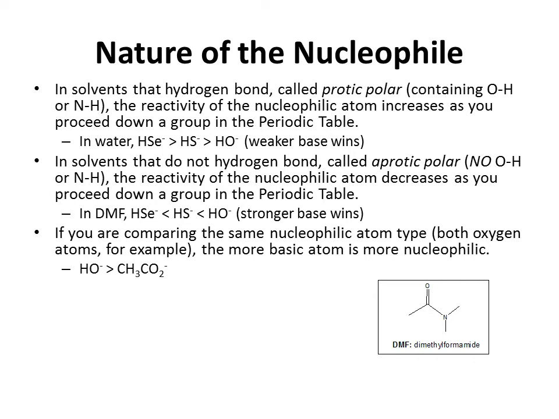So in water, the bigger nucleophile is going to be more reactive because it's going to be interfered with less by hydrogen bonding to the solvent. In aprotic polar solvents, where you don't have to worry about that, the nucleophilic character only has to do with basicity. And so in that case, the strongest base wins, which would be hydroxide in this series.